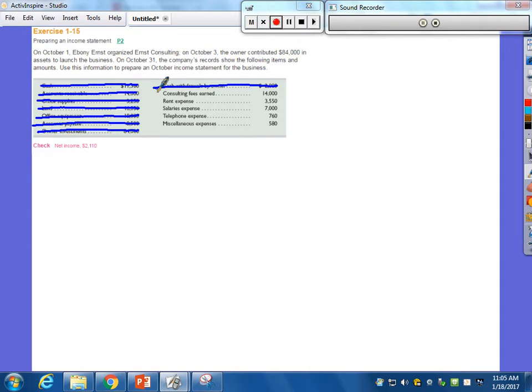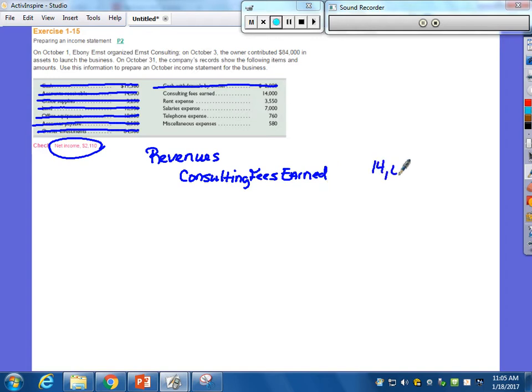Yes. So they gave you a hint here that your net income is supposed to come out to $2,110. So we list revenues first. And our revenues are what? Consulting fee earned. Yep. And that is going to be 14,000.